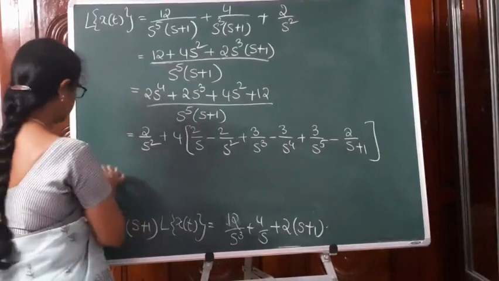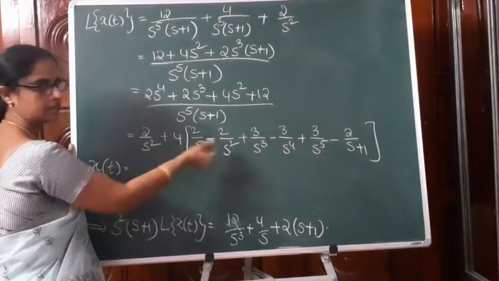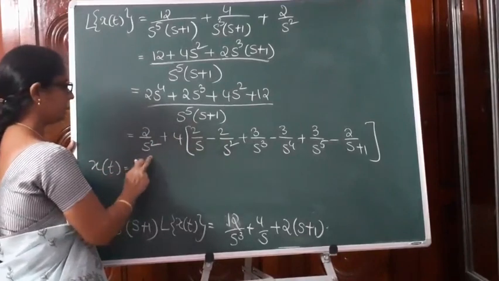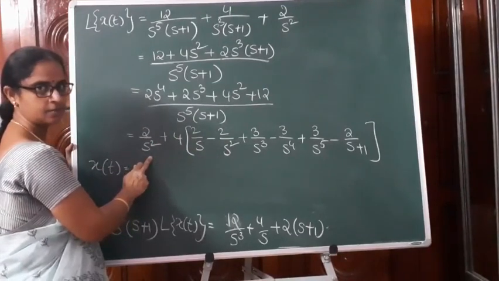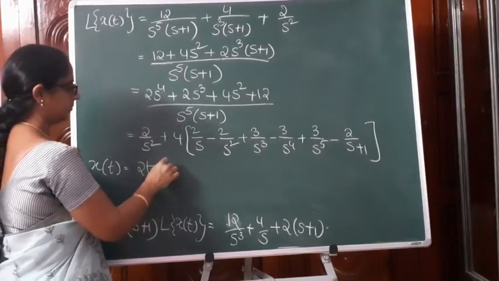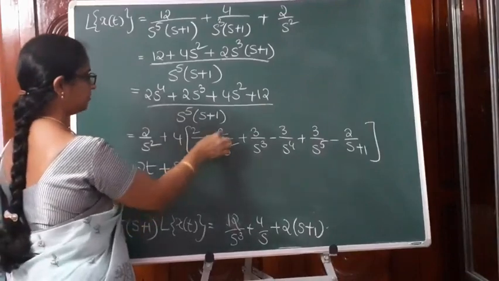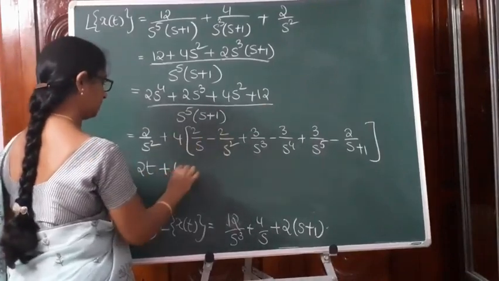So from this, what is x of t? x of t is equal to the L inverse of these functions. What is L inverse of 1 by s square? It is t. So this is 2t plus 8 into L inverse of 1 by s, which is 1, minus 4 into, okay, let us write 4 into here.